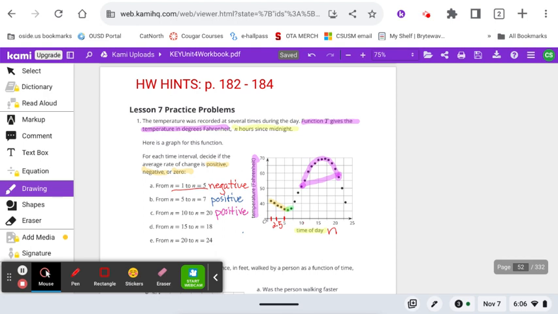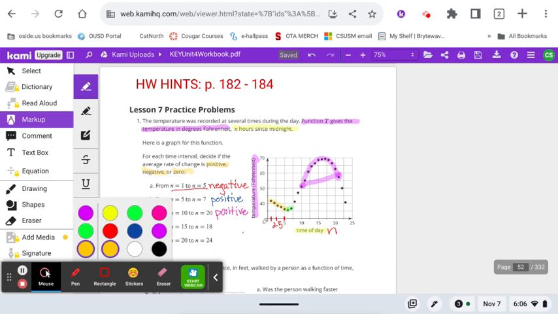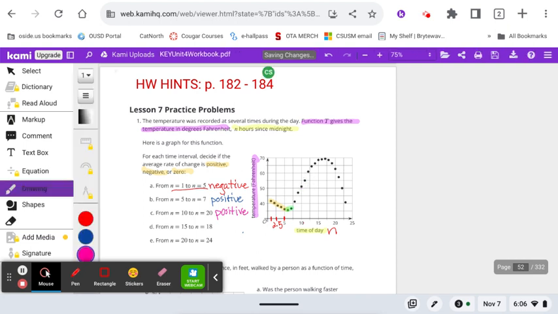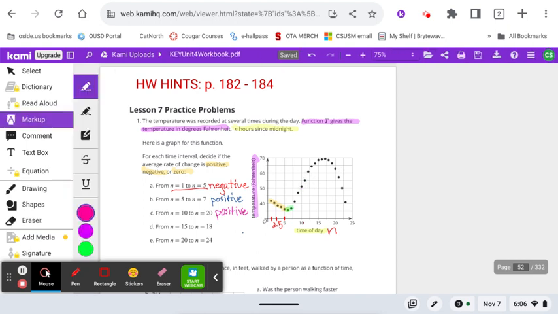From 15 to 18, well, that's going to be like right here and right here. And so from 15 to 18, looking at those 3 dots, they kind of look like they start and end in the same place.